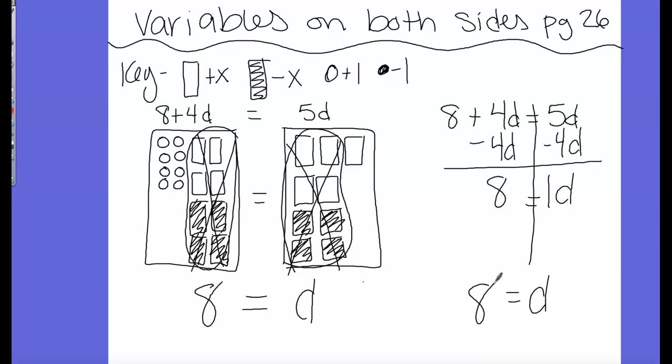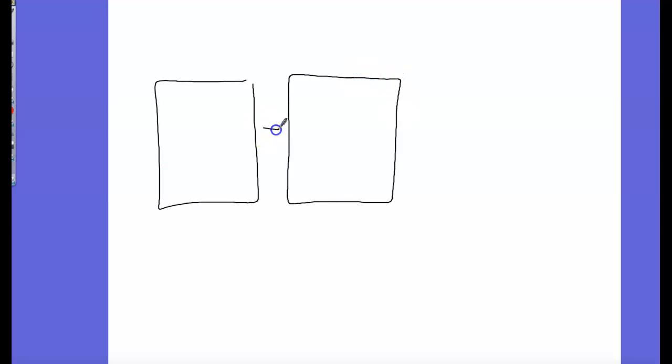Okay. Your next one, you can go ahead and draw your little squares. And our problem is going to be 6n minus 1 is equal to 4n minus 5.